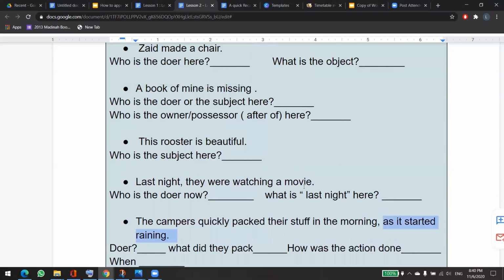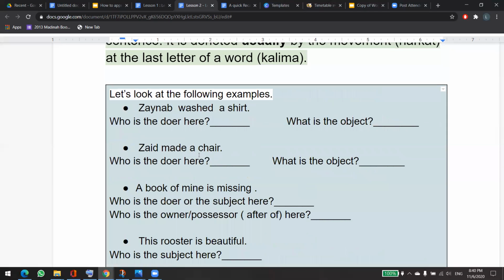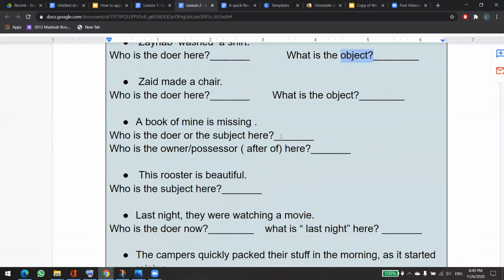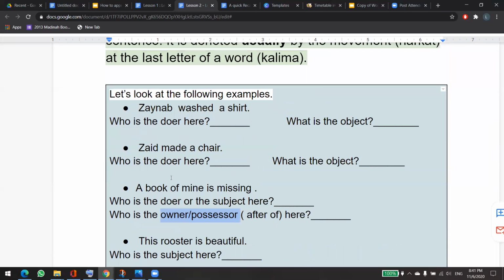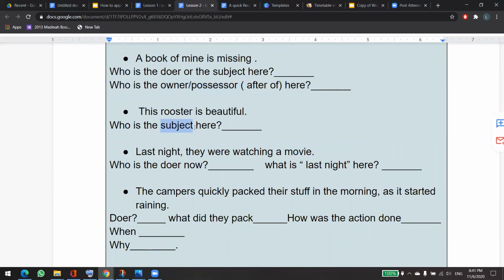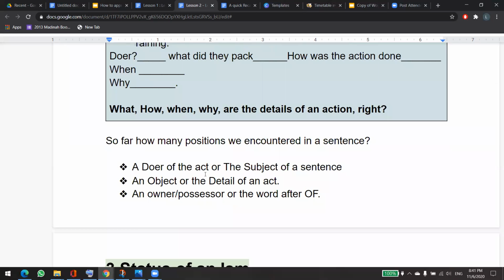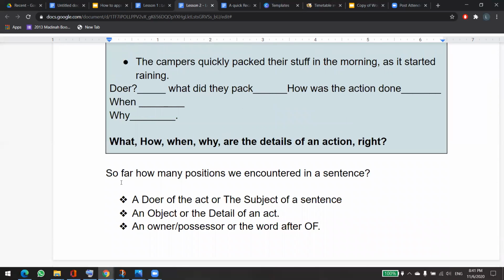So far, look, how many status did we see? Doer, object or detail. Object is also a detail about the action, right? And another, owner or possessor, and subject. So far, how many positions did we encounter?